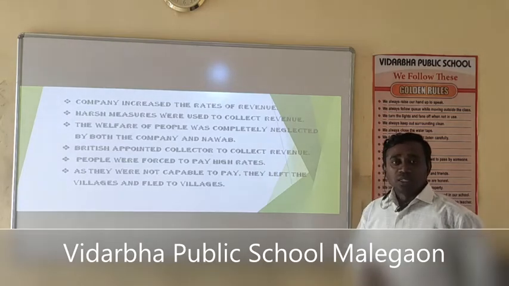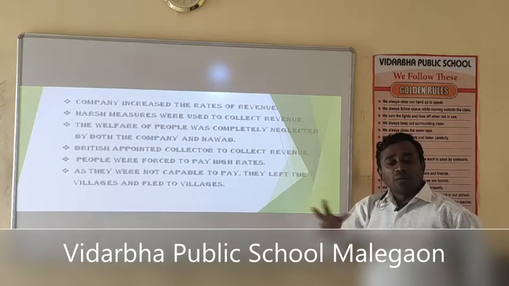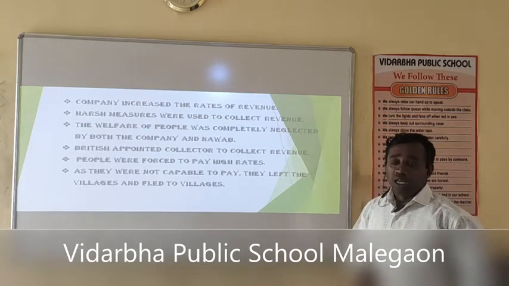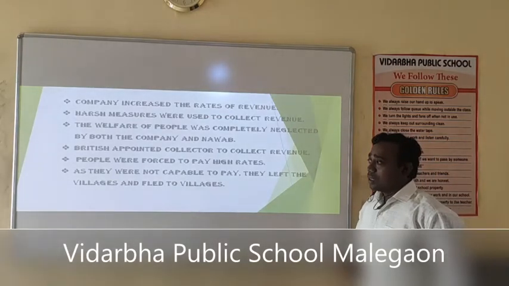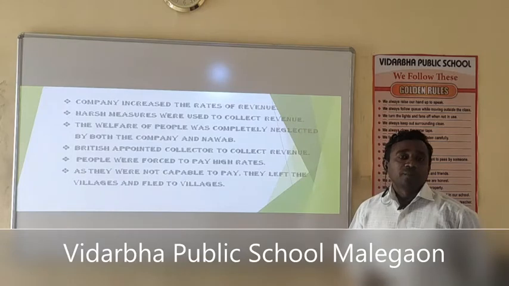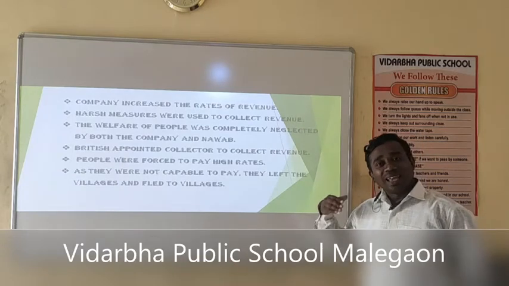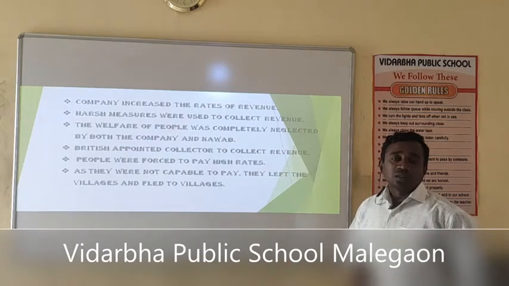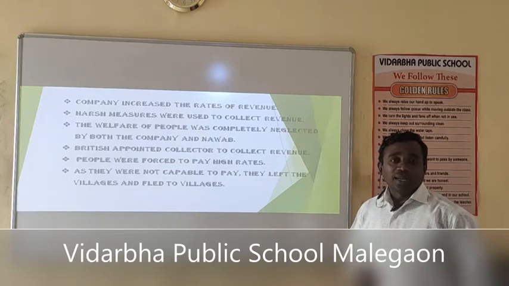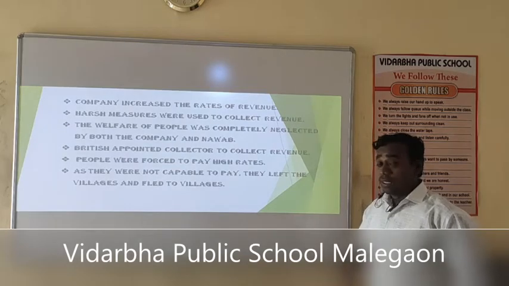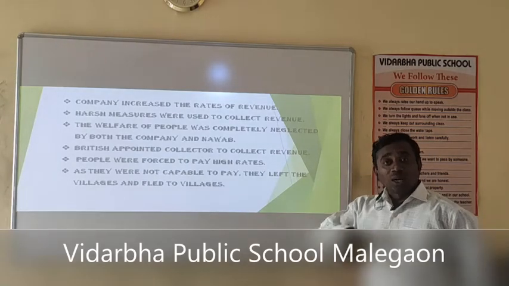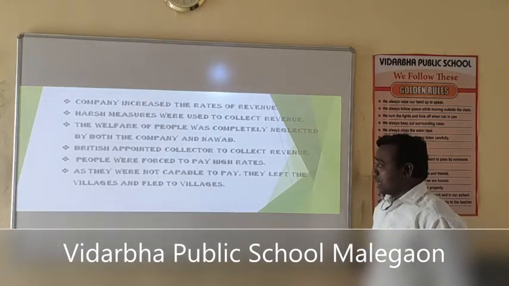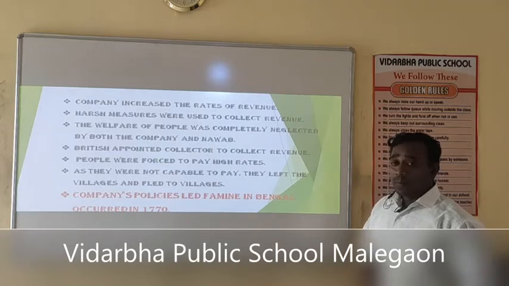So now people were moving away from their territories because they could not pay the taxes. The farmers could not sell their produce in the market and could not earn the money to pay the taxes. That's why they sold their lands to other people, and they became poorer and poorer.